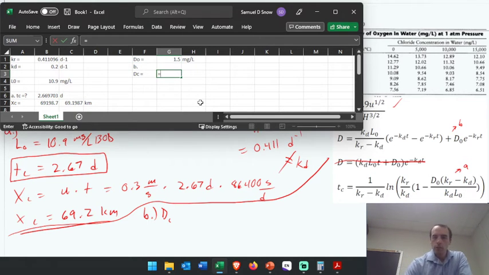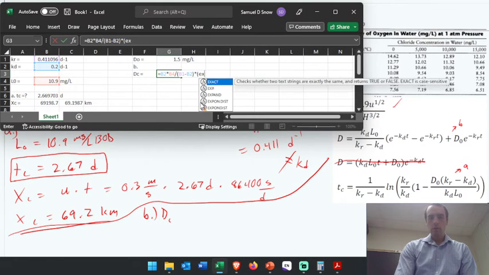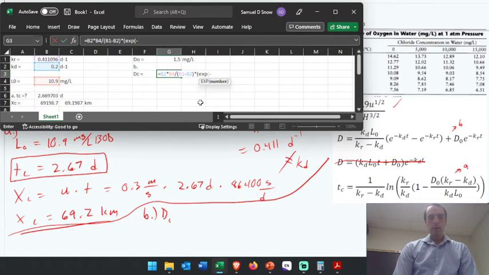So deficit at time critical is going to be KD times L naught divided by KR minus KD, times e to the negative KD times the time we just solved, minus e to the negative KR times time.